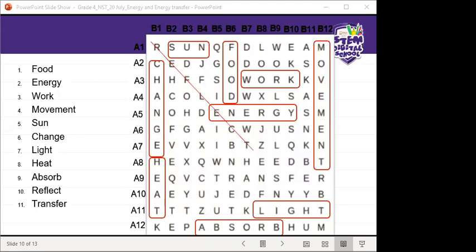Okay, Kiara, talk to me. Where do we find transfer? Ma'am, it starts from A9 to B12. And it's actually pronounced Kira. Oh, Kira. All right, thank you very much.